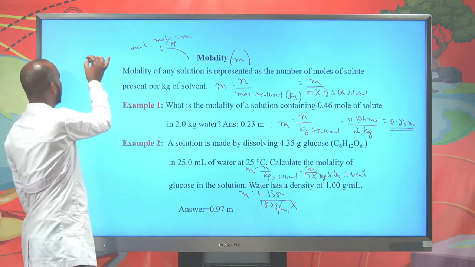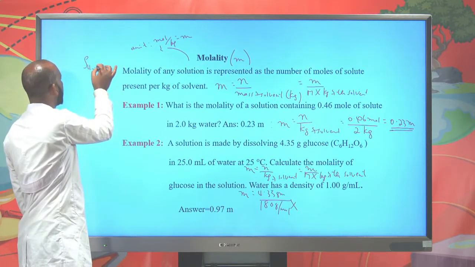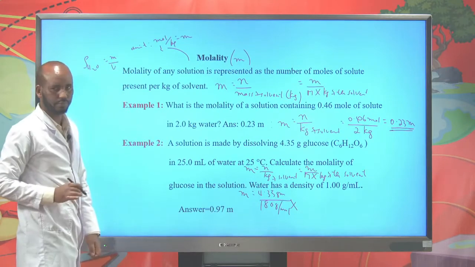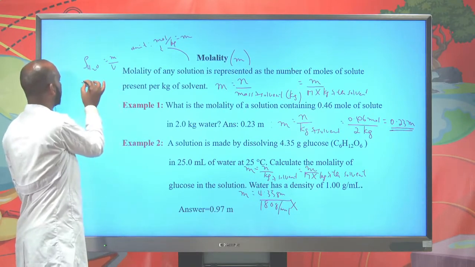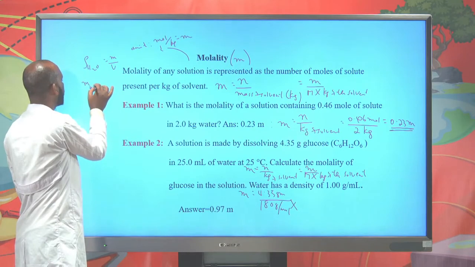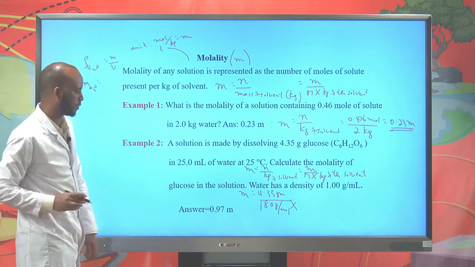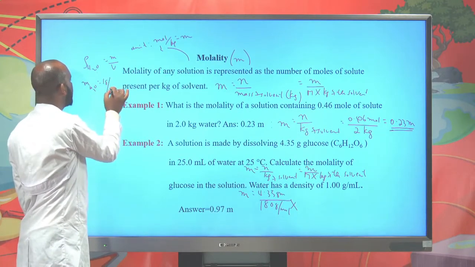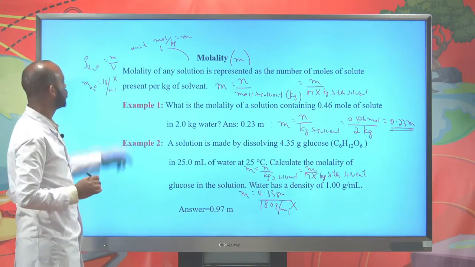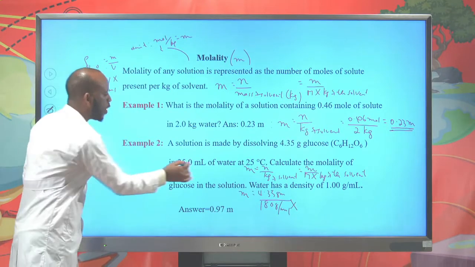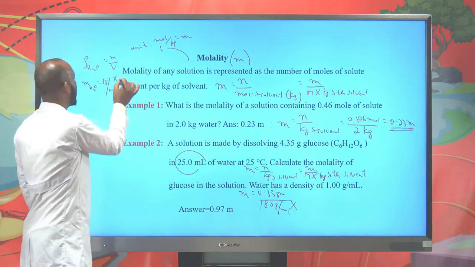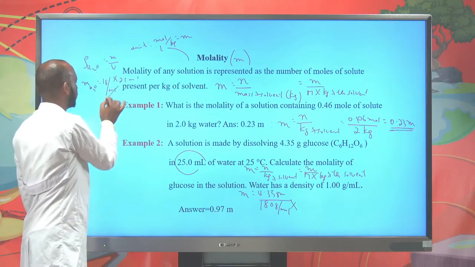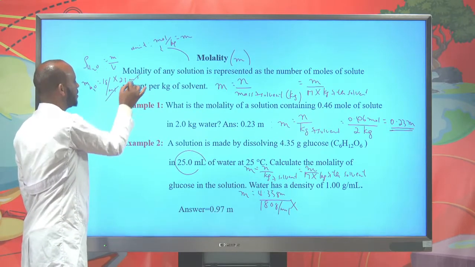Density by definition, density of water equals mass of water divided by volume of water. From this, mass of water equals density of water, which is 1 gram per milliliter, times volume of water, 25 milliliters. Milliliter will be cancelled by milliliter.